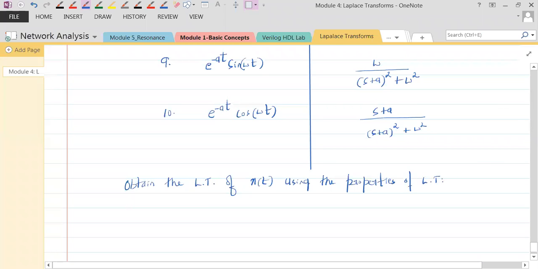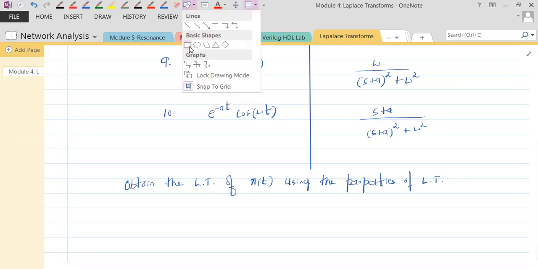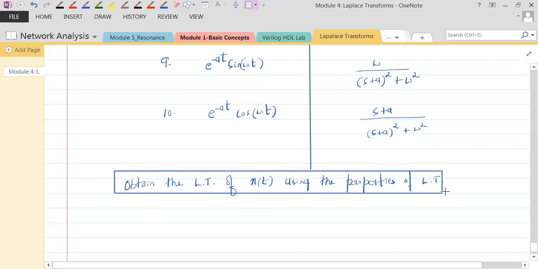So some problems would come like this. You have to be using the properties of Laplace transform only to obtain the Laplace transform. Understand? So in such circumstances, we need to know the properties of Laplace transform. Everybody understand that? So in some cases, they'll ask us to obtain the Laplace transform by using the properties.